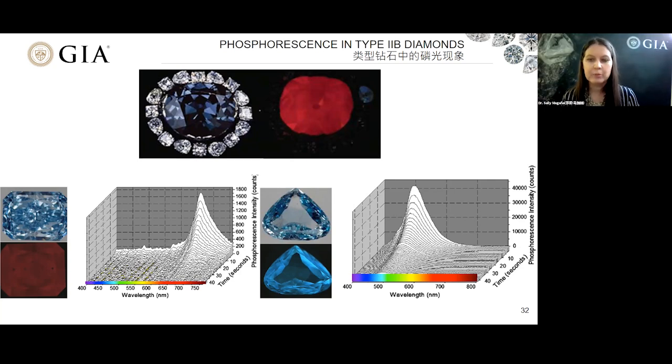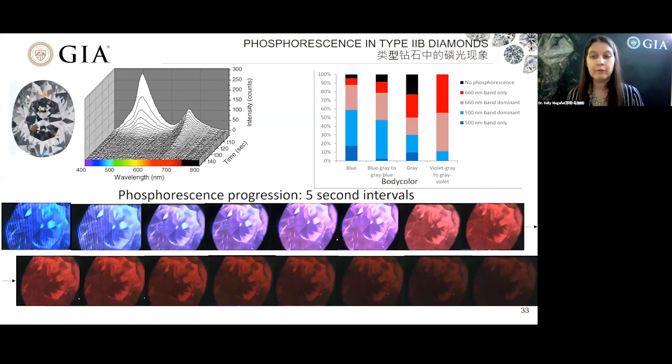Many type 2B diamonds have both red and blue phosphorescence, like this diamond that starts with the 500 nanometer blue band as more intense.